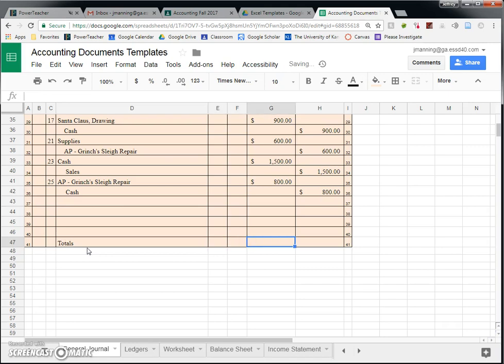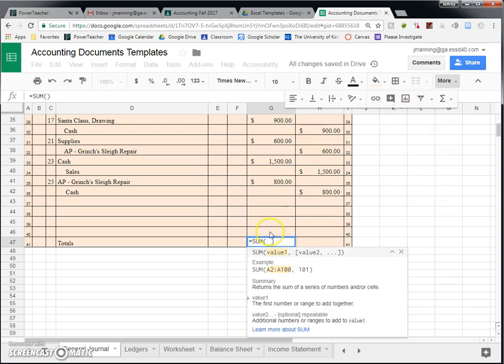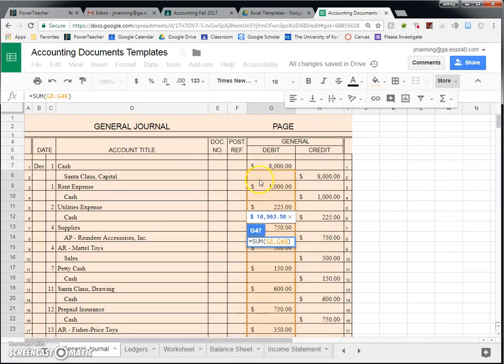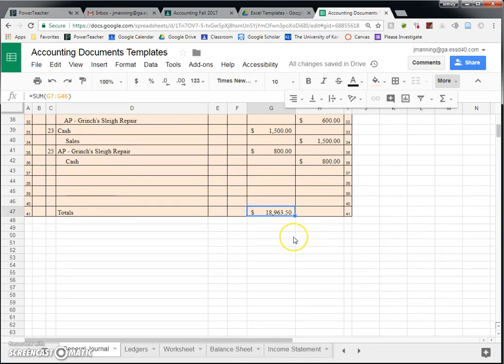And then you might ask Google Sheets to add up your debits column and your credits column. So if I decide to do that, I would choose the functions here and choose sum, and then select this whole section all the way up to the top. Hit enter. It tells me that my debits are $18,963.50, and if I drag this over to the right, that's what I also get for credit.